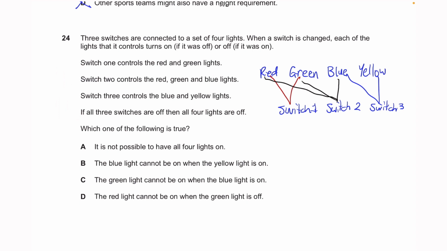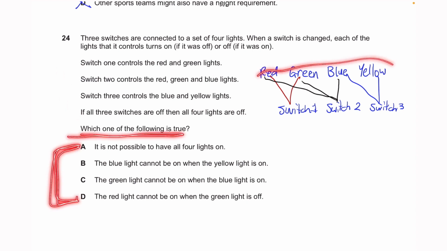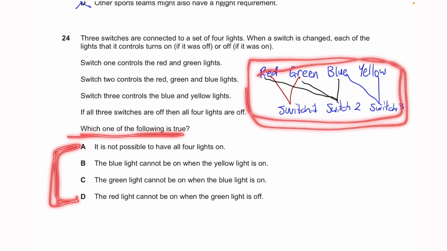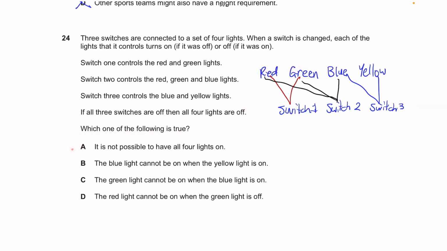So we need to find out which one of the following is true. So they've given you a few scenarios, and we've got to try them out based on the information, the diagram that we've drawn here. So we've got A, it is not possible to have all 4 lights on. Well, hang on a minute. It is possible to have all 4 lights on, because if I just tried out the different combinations, I would be able to do that.